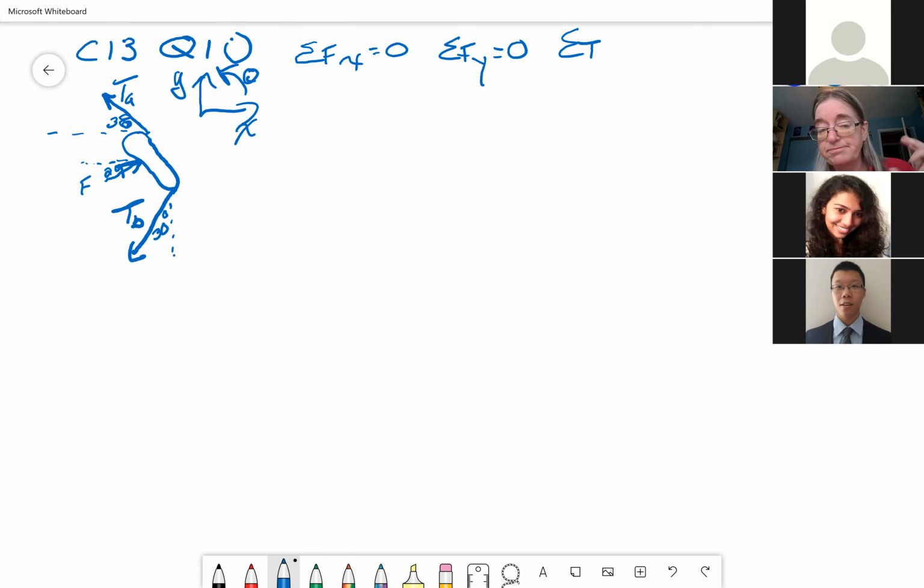Reality is you don't need to use torques in this one. If you wanted to do torques, you'd have to find some point like this point right here and call it point A. Sum of torques around A equals 0. I'm not going to go that route.